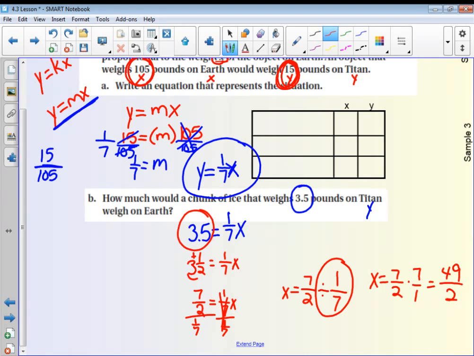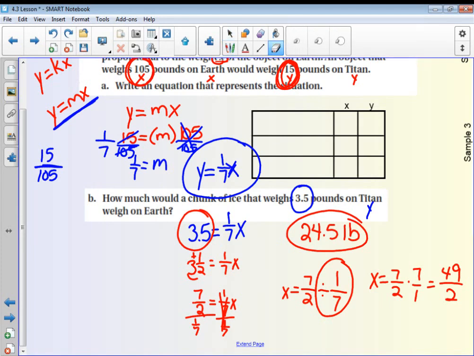If I take 49 and divide it by 2, it gives me 24.5. So on Earth, it's going to weigh 24.5 pounds. So that 3.5 pound object, which was a chunk of ice, on Titan is going to weigh 24.5 pounds on Earth due to the gravitational pull.